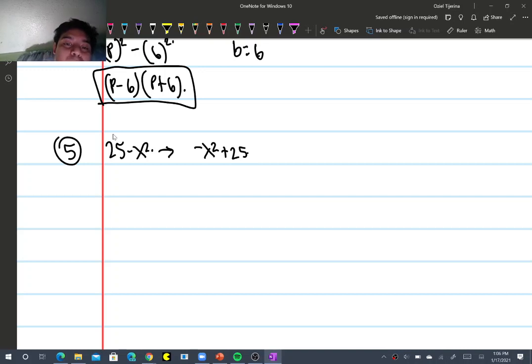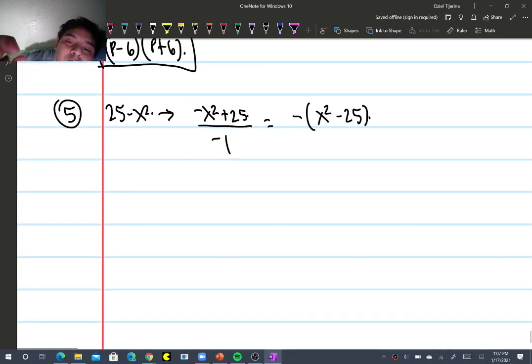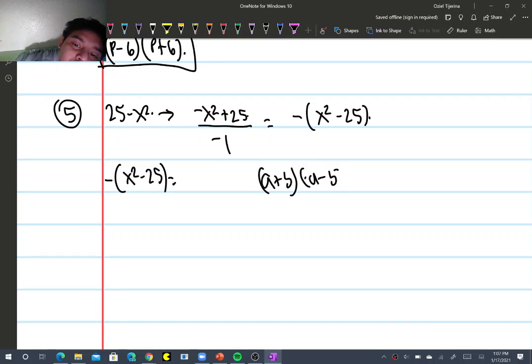If we divide by negative 1, we're going to get negative the quantity x squared minus 25. And we again use the sum and difference pattern, a plus b times a minus b equals a squared minus b squared. So a equals x and b equals 5.